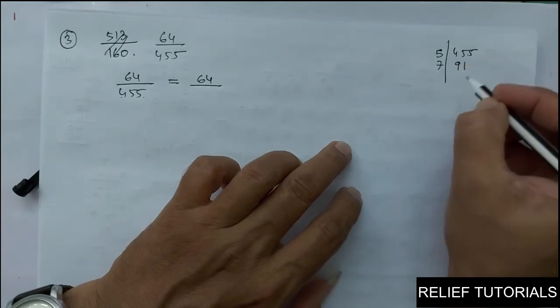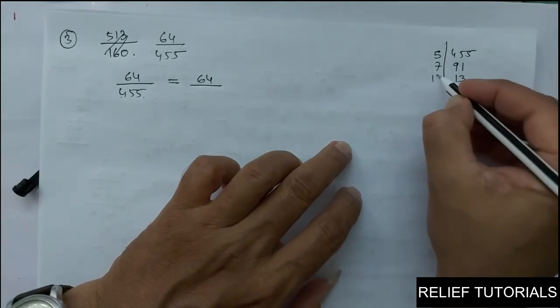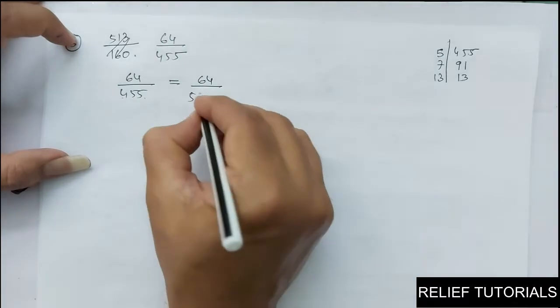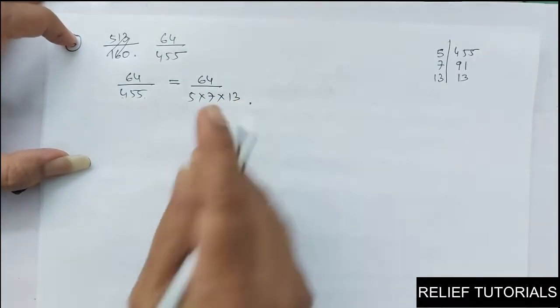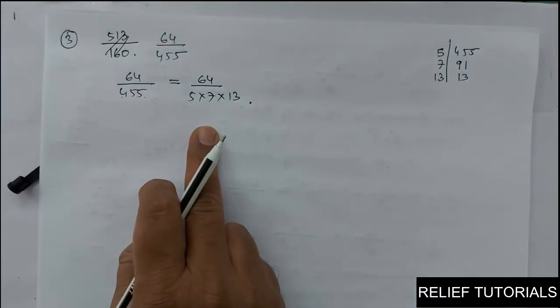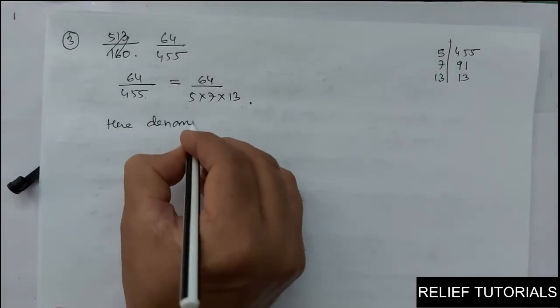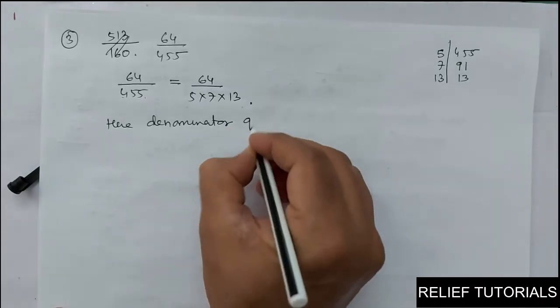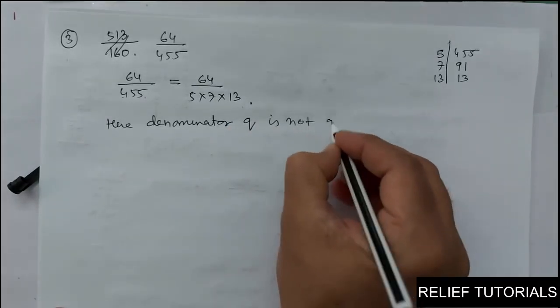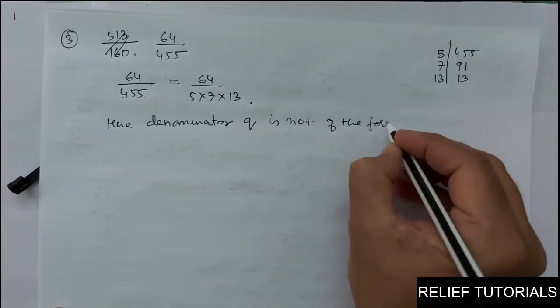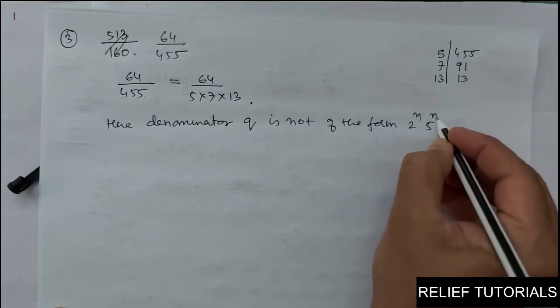Now 91 is 7 into 13. So what factors did you get? 5 into 7 into 13. So here the denominator q is not of the form. We can say here the denominator q is not of the form 2 raised to n, 5 raised to m.